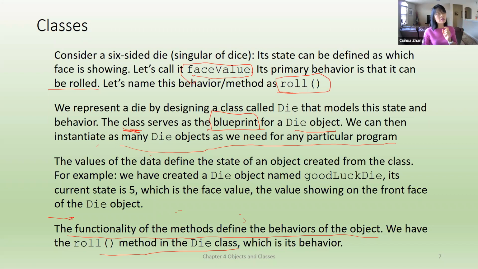We must know what value is on the top, right? Do we need to know anything else? We don't really. Do we care how big the die is? No, not really. We just care about the top value, and that's why we have that as the characteristic. And what can you do with a die? You can roll it. That's it. That's the behavior. Any questions?